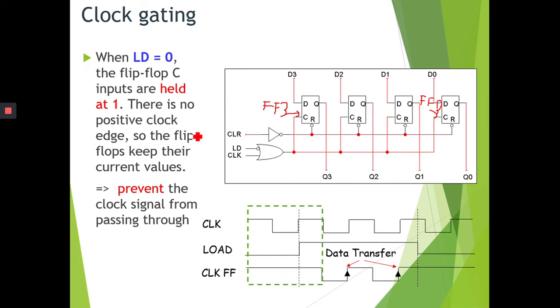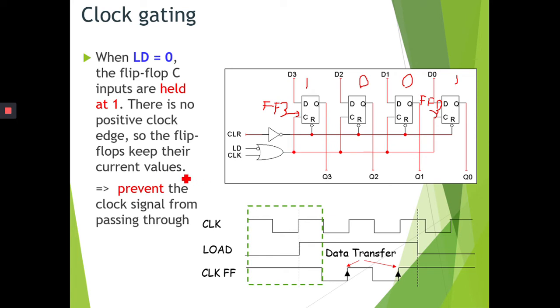So whenever LD is 0, whatever value is already inside the flip-flop will remain as it is. For example, if the value is 1001, then as long as LD is 0, the value will remain as 1001.